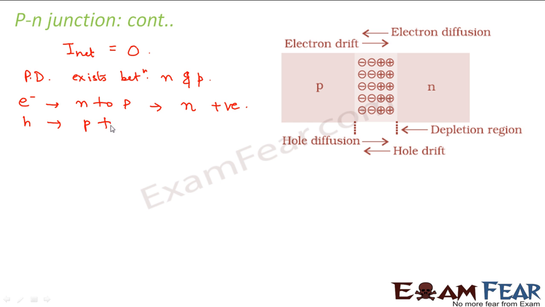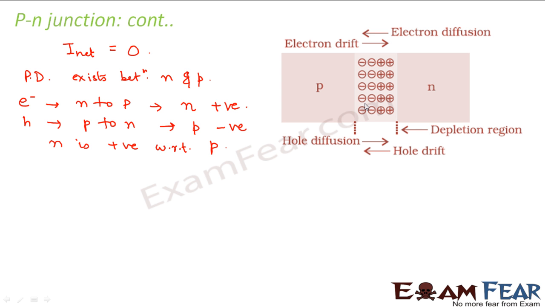Holes moved from P to N. Since so many holes moved from P to N, what happened? P side becomes negative. So N is positive with respect to P. So this results in a potential difference between N and P, right? So this potential difference restricts further flow of electrons from N to P. Is that right?